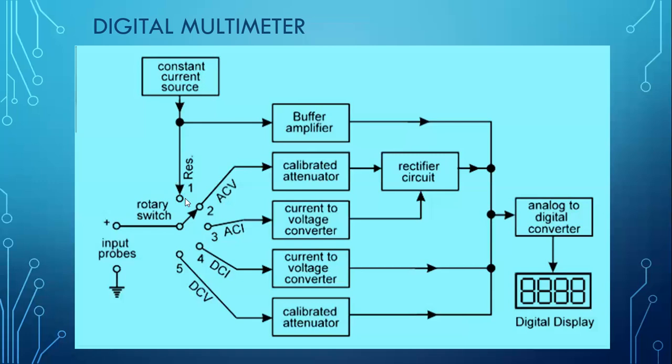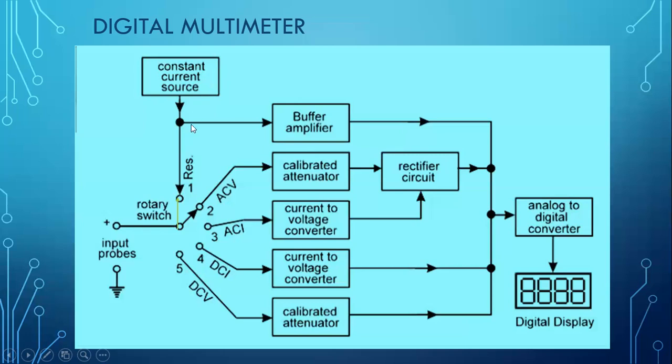Now let us discuss how the actual measurement takes place. Here, when I switch it to resistance measurement, you can see that a connection has been made here. If I switch this rotary switch to resistance measurement, a constant current source comes into the circuit.